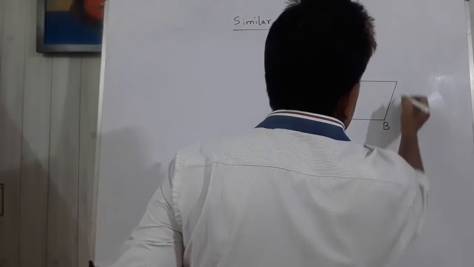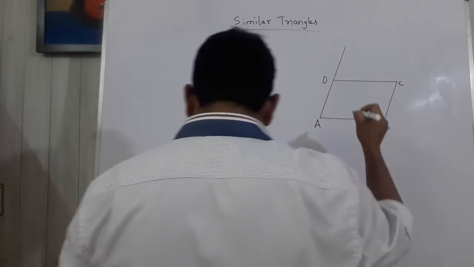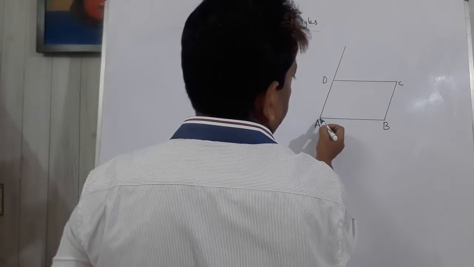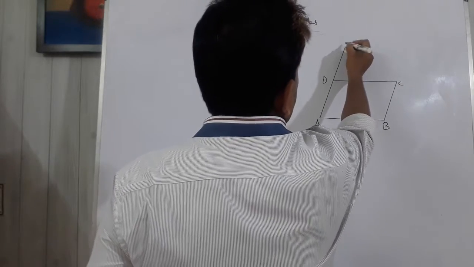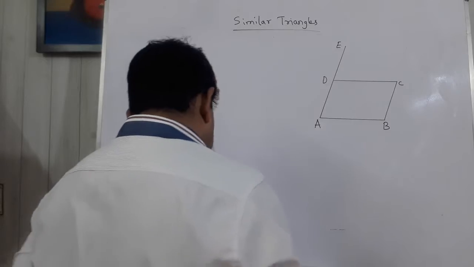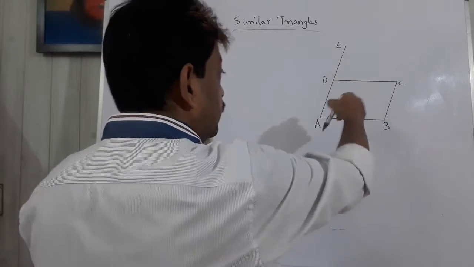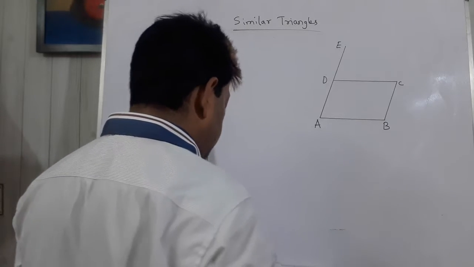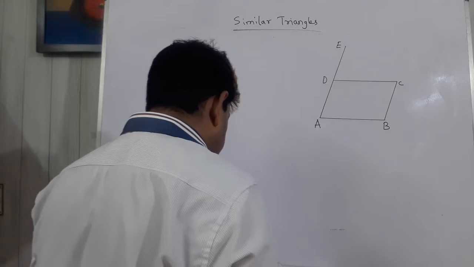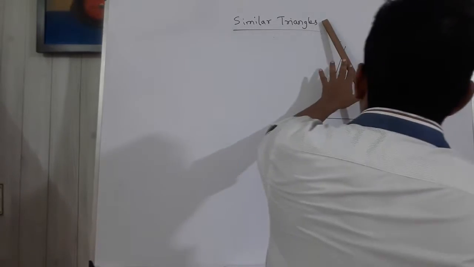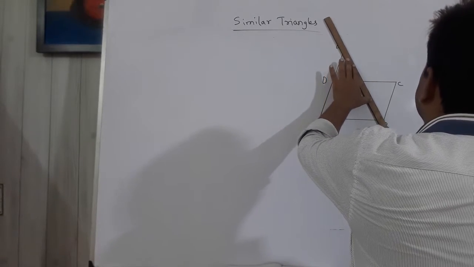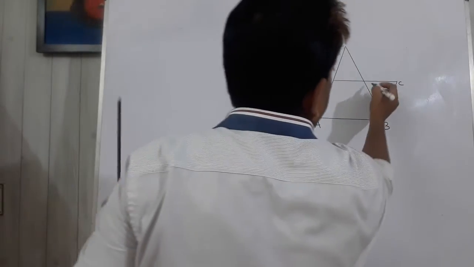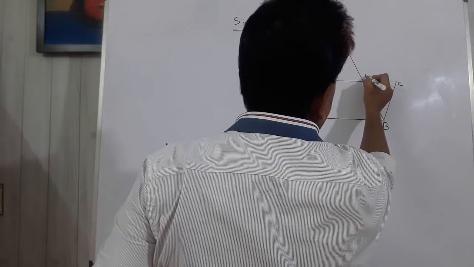ABCD is a parallelogram and E is a point on the side produced. AD is produced up to E. So E is the point on the side AD produced of parallelogram ABCD, and BE intersects CD at F. So I am joining B and E. BE intersects the side CD at F.